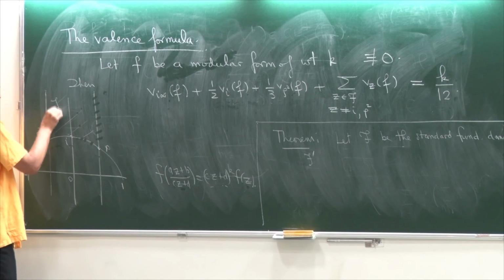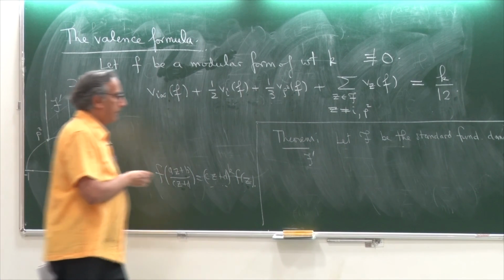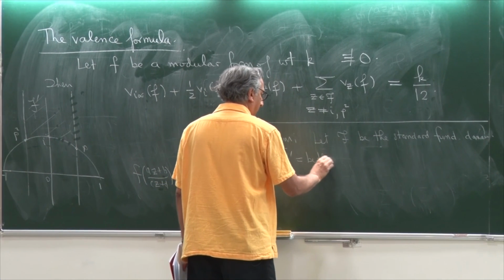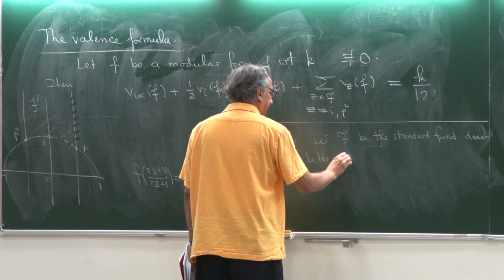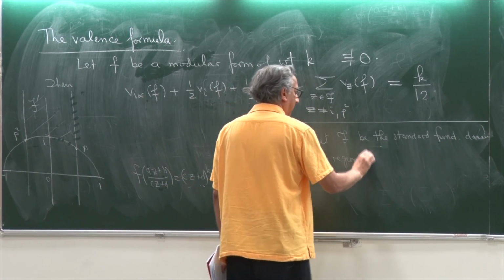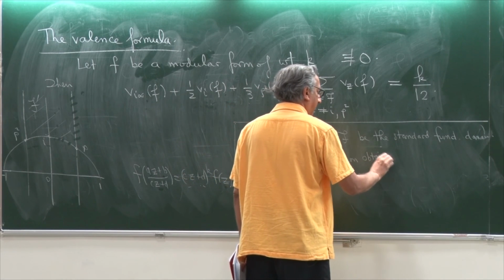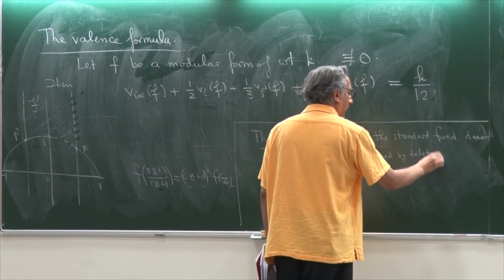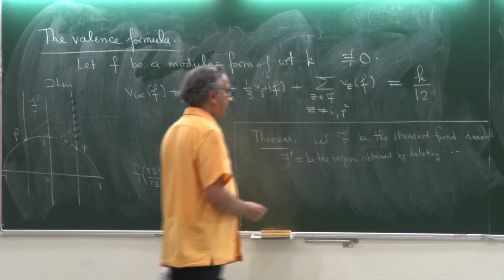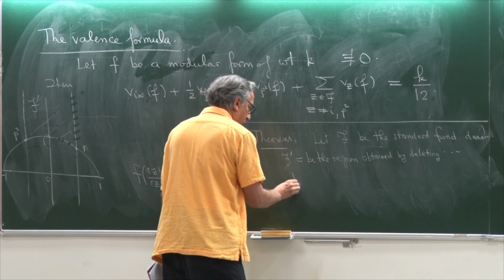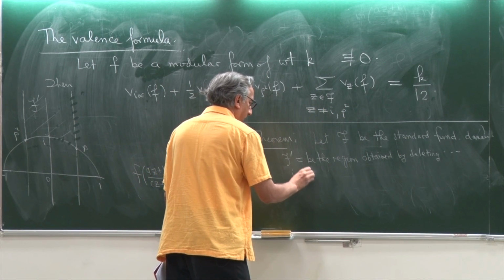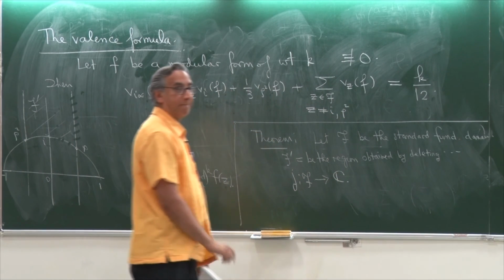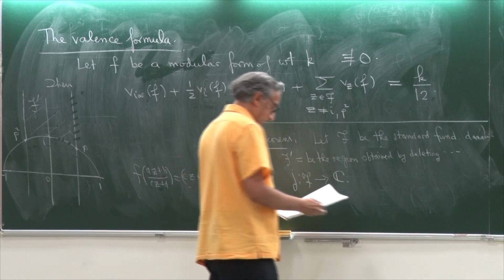Okay, so that's F prime. Then the map J from F prime to the complex plane is a bijection.